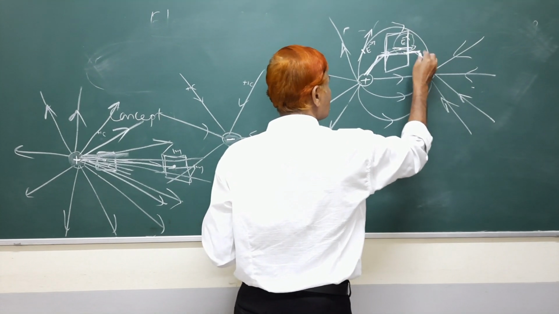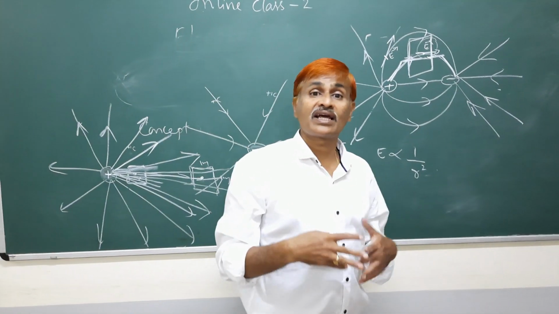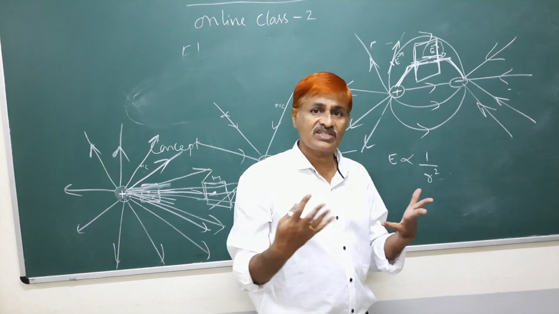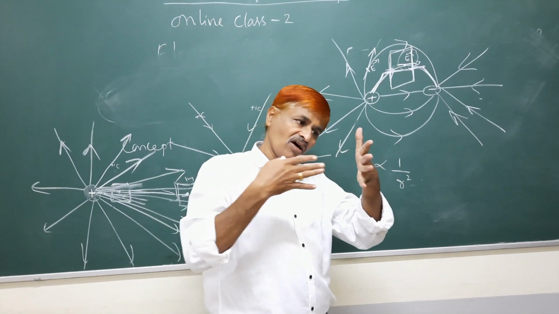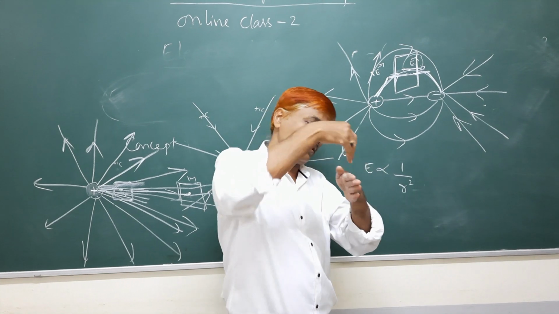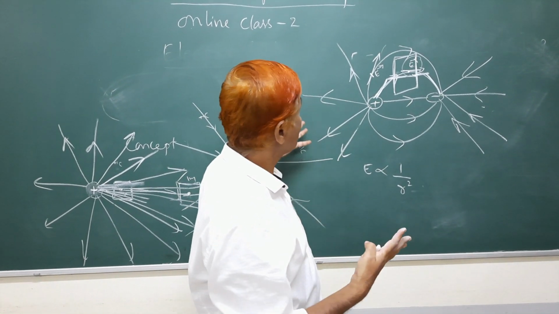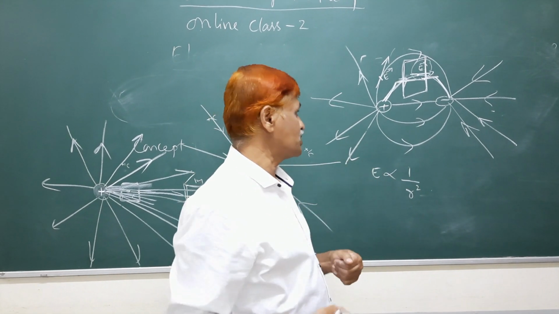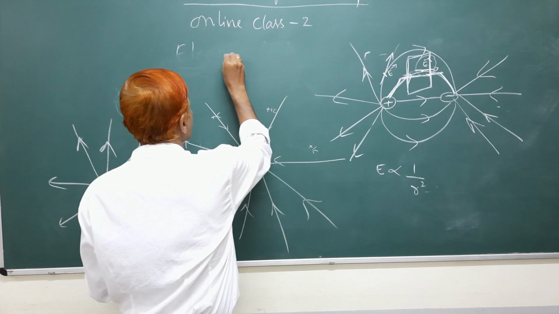Then again they bend. So for that reason, electric lines of forces are sometimes called normal lines, because they enter the material along the normal to the surface and also leave the material along the normal to the surface of the material. This is very useful to understand electric flux.